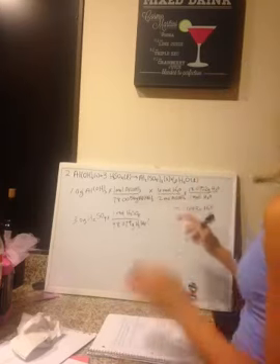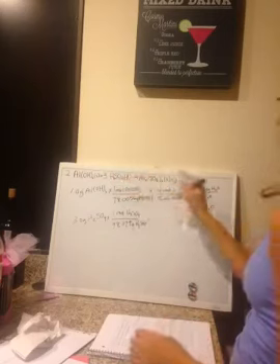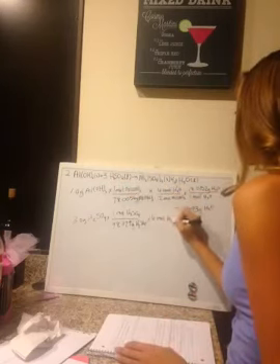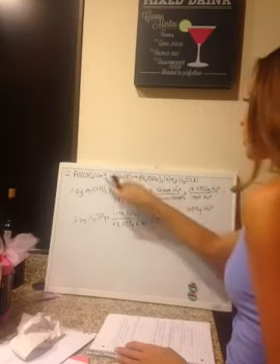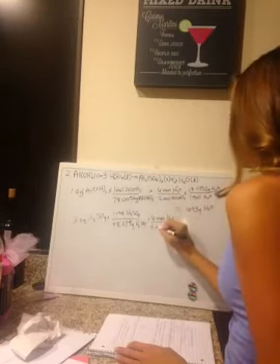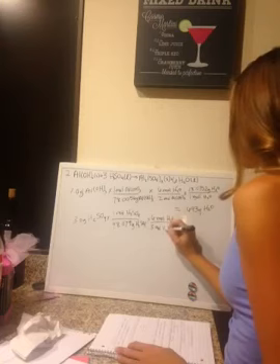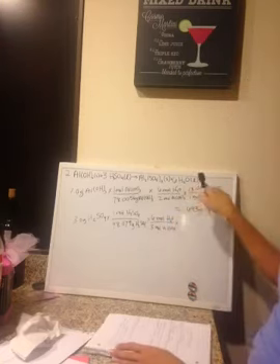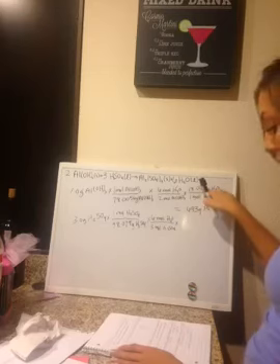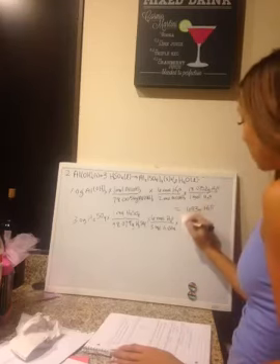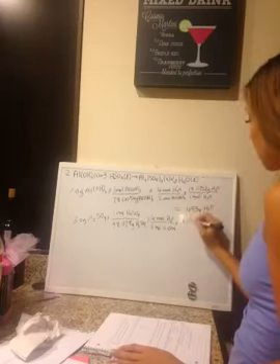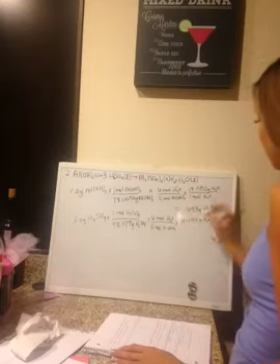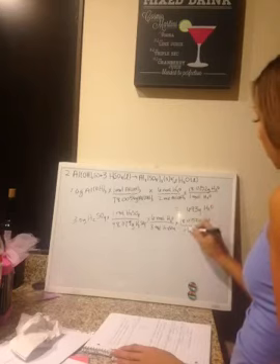Then, since these are not ones, we have to multiply it by 6 moles of H2O over 3 moles of sulfuric acid. And then, since we're trying to find the mass of the H2O, we multiply it by the mass normally, like we did up there, over 1 mole.